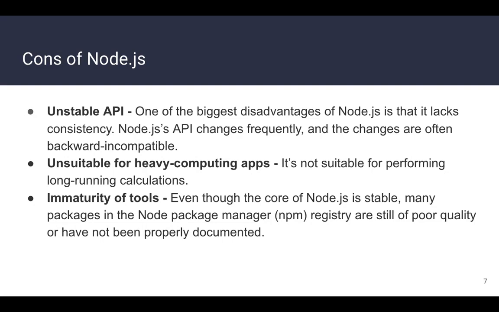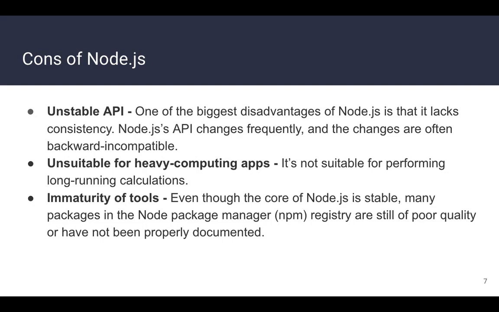So let's see. One of the disadvantages of Node.js is its APIs are quite unstable, right? So it lacks consistency. Node.js applications change frequently and changes are often backward incompatible, right?